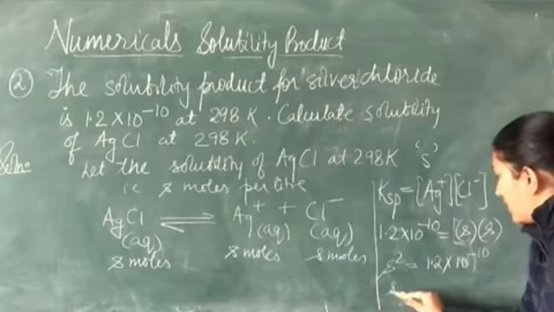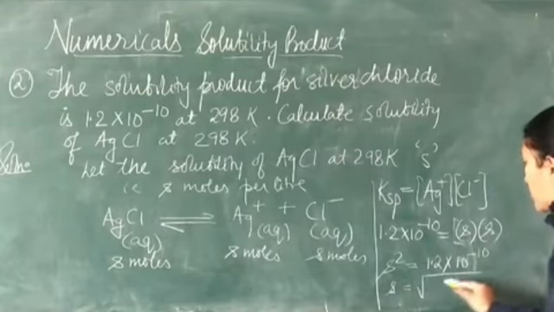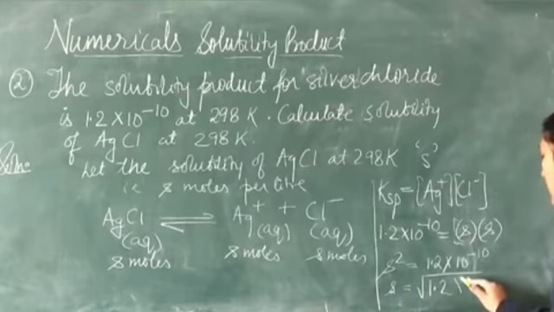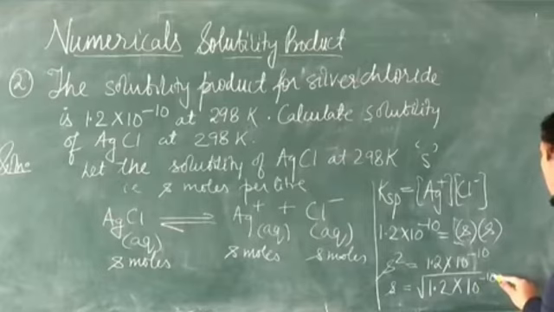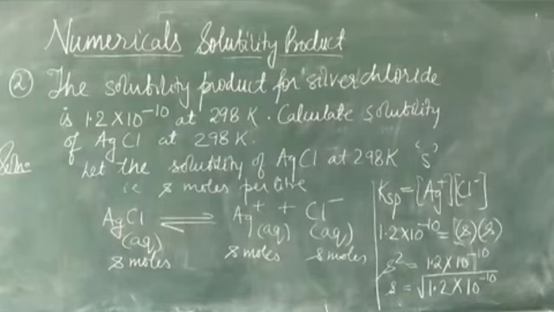So S, that is the solubility, will be equal to the square root of 1.2 into 10 raised to power minus 10. This is the expression with which we can calculate the solubility. S equals under root 1.2 into 10 raised to power minus 10.